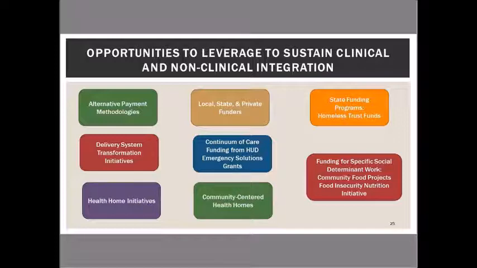So those are things to consider looking into. And again, we talked about certain state funders as well. More and more funders are paying attention to social determinants of health, and they know it's going to be hard to move the dial on health outcomes without addressing the non-clinical factors as well. So I think more and more funders are becoming interested in social determinants work.